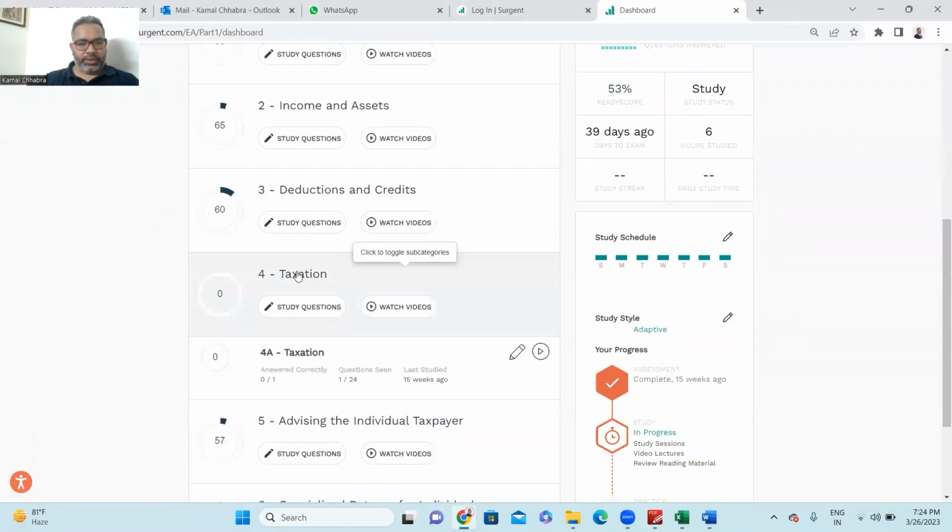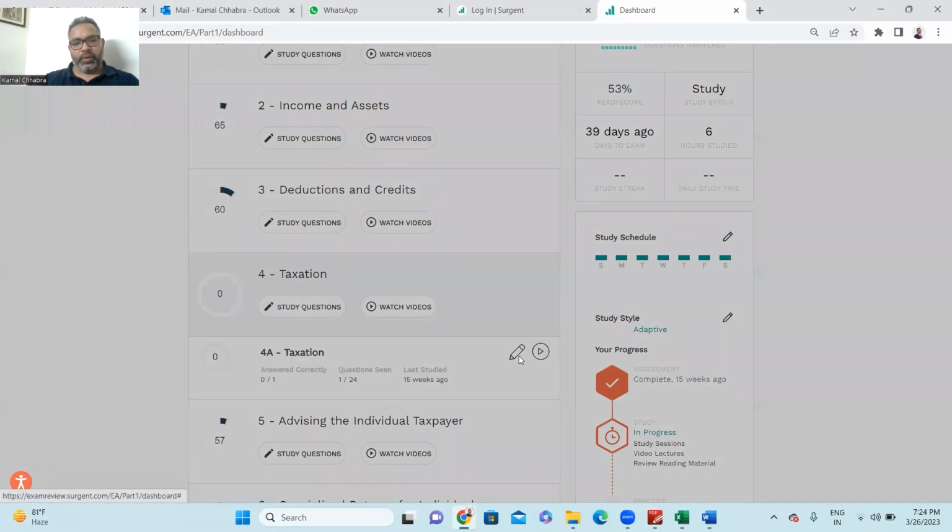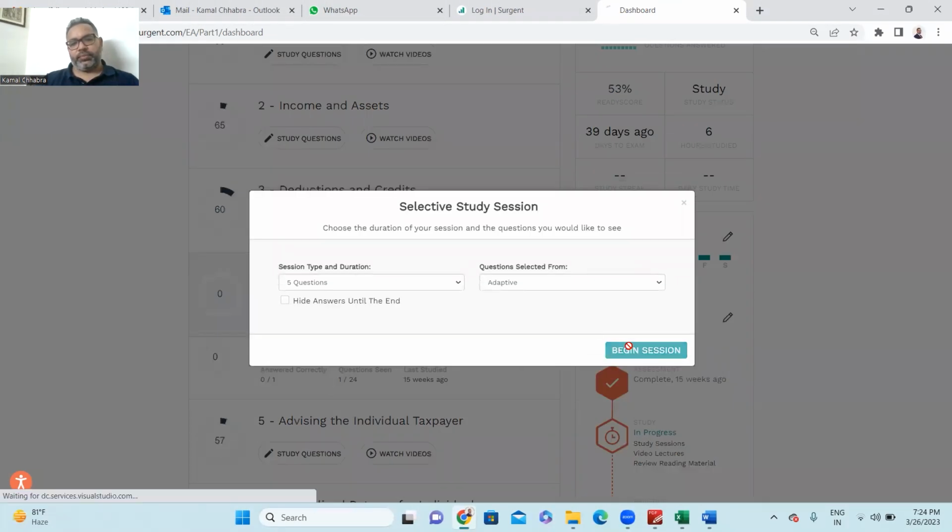So in this, we have taxation or advising. We are done with the taxation part.